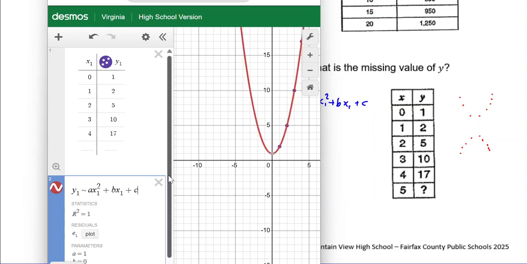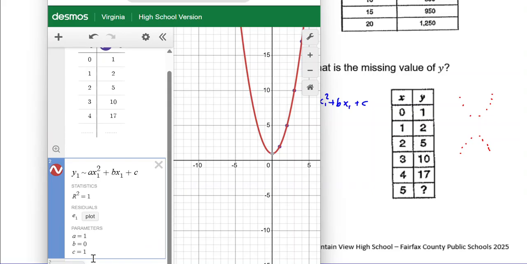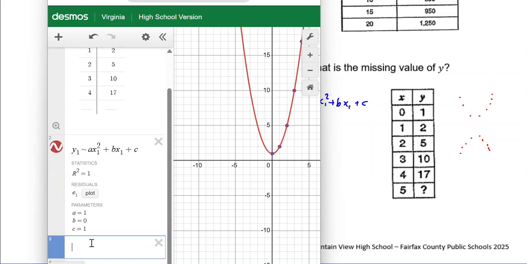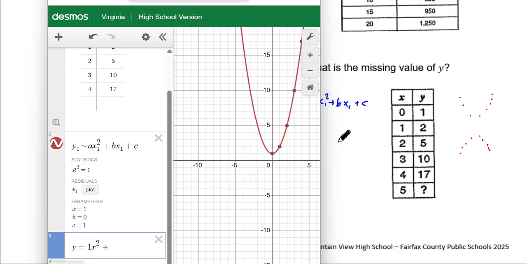Alright, so I have an equation here. Basically what I'm trying to do now is plug the 5 into my equation. So my equation looks like this: y equals 1, because a is equal to 1, x squared plus b is 0, x plus c is 1.